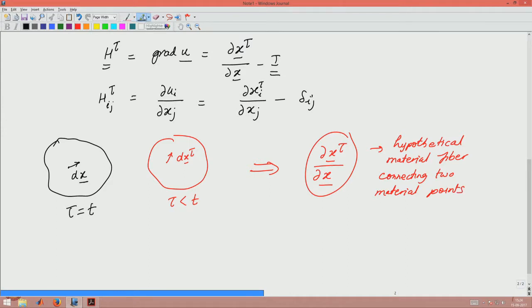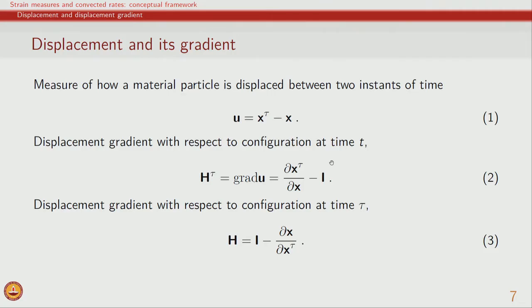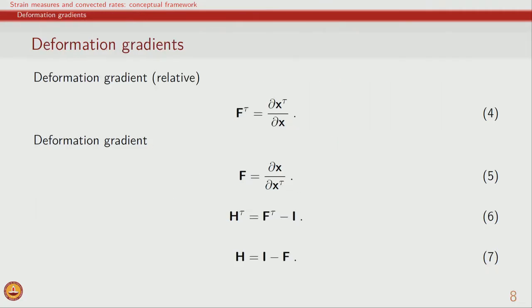Again, just to emphasize, one material fiber was at present time somewhere, the same material fiber at some other time tau has become here, and therefore, this is the comparison between the two material fibers. And so, we define this quantity as a deformation gradient, which is what is defined here.